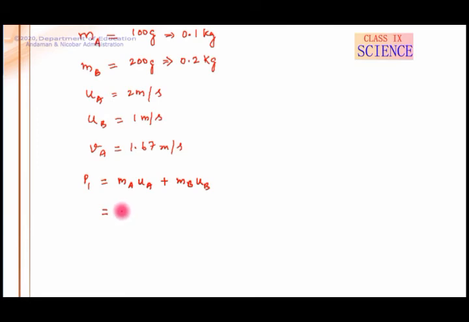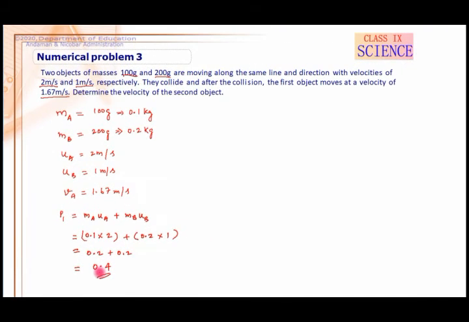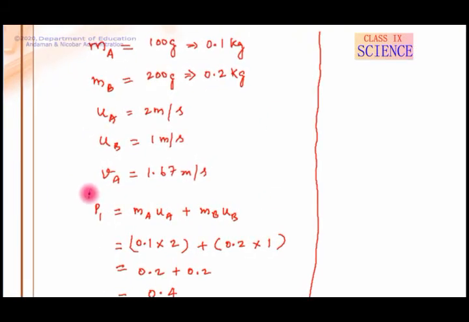MA is 0.1 into UA is 2 plus MB is given as 0.2 multiplied by UB is given as 1 meter per second. So here we will get 0.2 plus 0.2. Then we will get 0.2 plus 0.2 is 0.4. So this is the total momenta of ball A and ball B before collision. Now we find after collision.